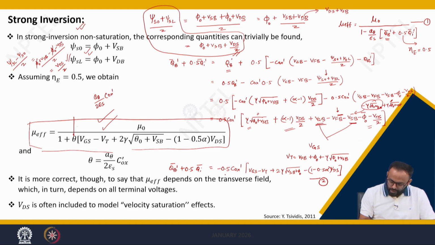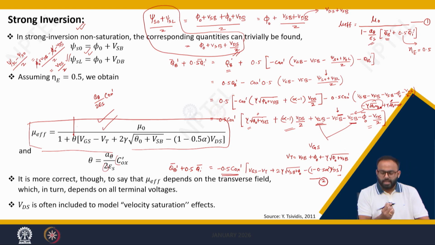You see here 0.5 COX dash is coming up here, and A theta by epsilon was there initially, and this minus sign and this minus sign will become positive. So you will get a closed form equation of effective mobility, which is a function of VDS, a function of VSB, right, and a function of VGS minus VT.